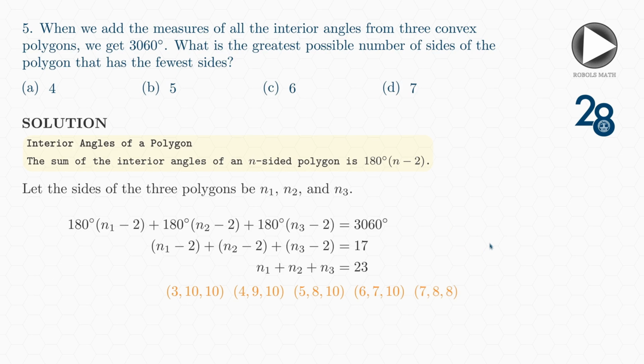You can continue that argument with 9, 10, and so on. You cannot find a set where the lowest value is more than 7. So 7 here is what we conclude as the maximum. So the answer to this problem is 7, and that's our final answer.